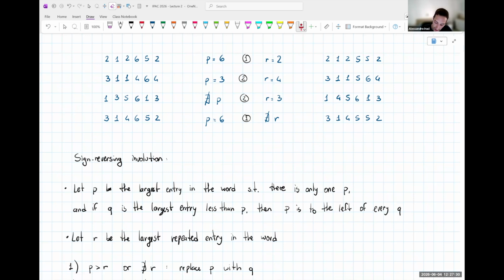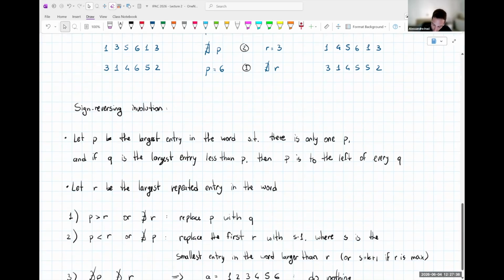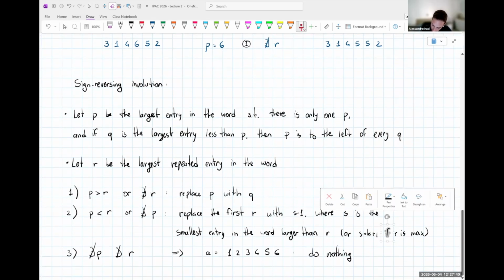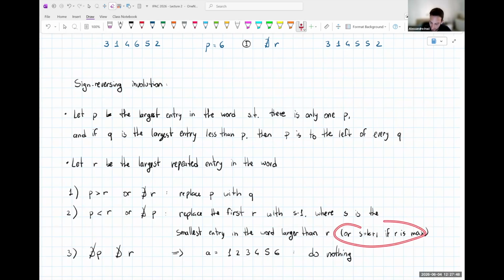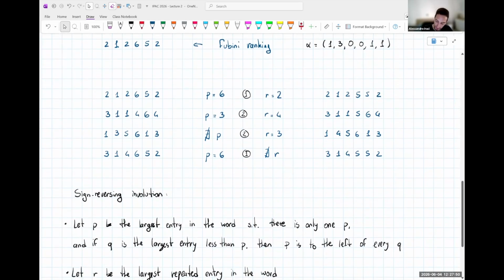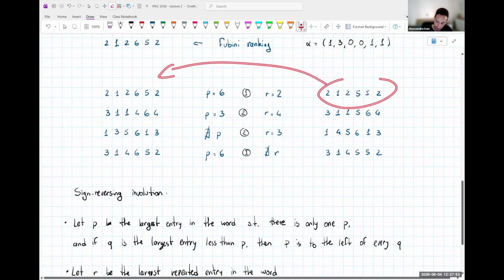And what we do in this case is to take the first occurrence of the repeated label and replace it with, like, K in this case. Here we're in the case in which R is already the maximal entry in the word. So we replace it with an occurrence of 6. So in this case, we're exactly going back.